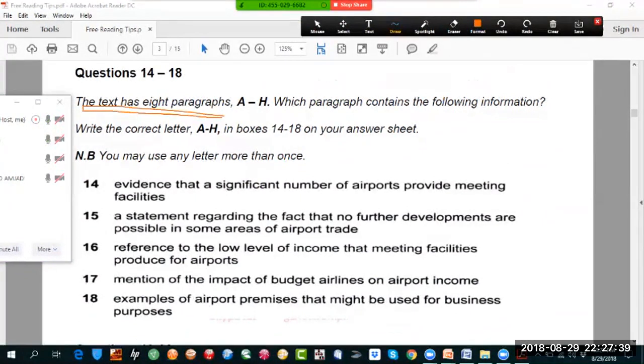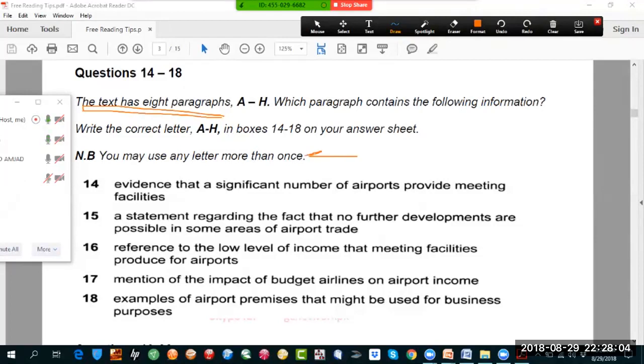Question 14 to 18. The text has 8 paragraphs, A to H. Which paragraph contains the following information? Write the correct letter, A to H, in boxes 14 to 18 on your answer sheet. You may use any letter more than once.